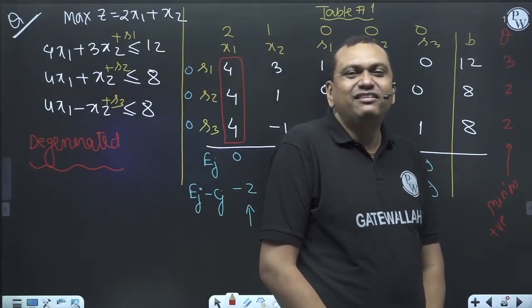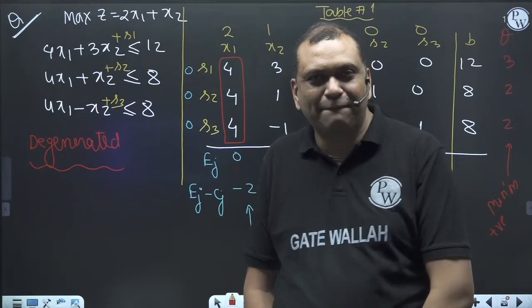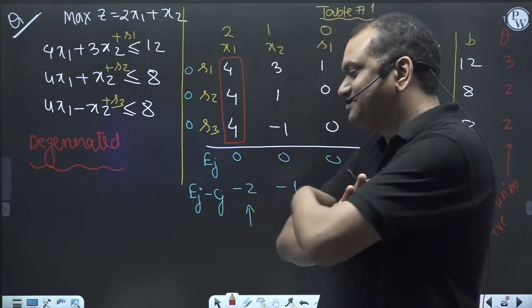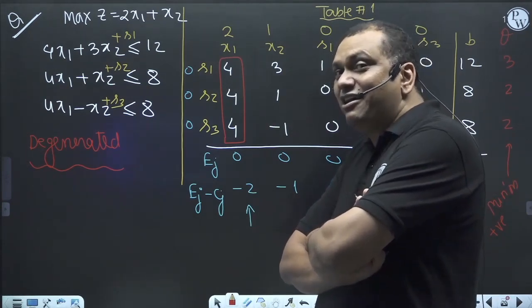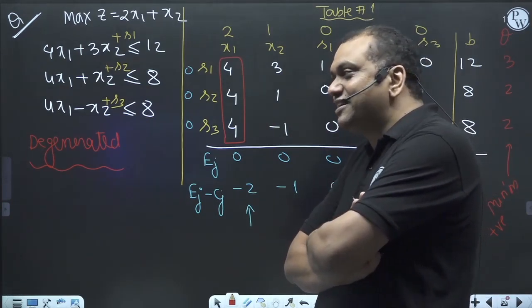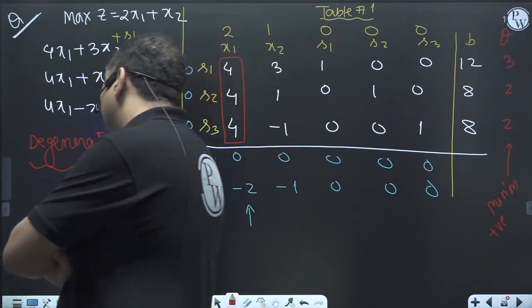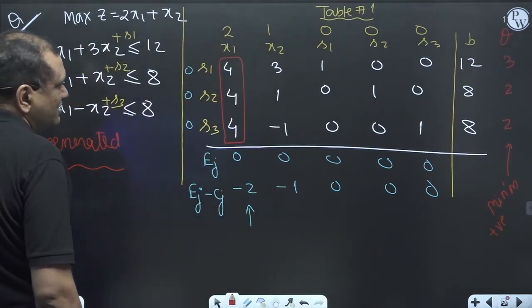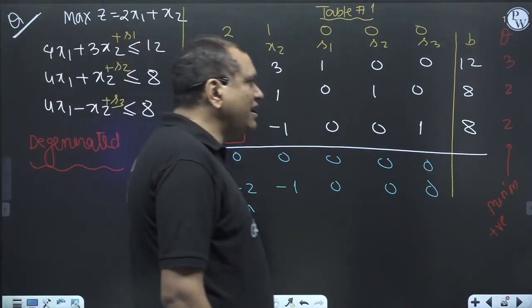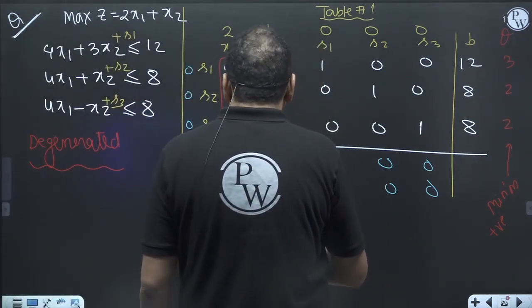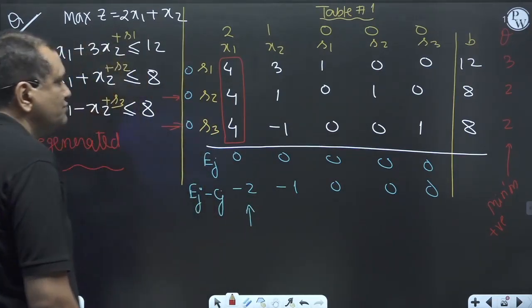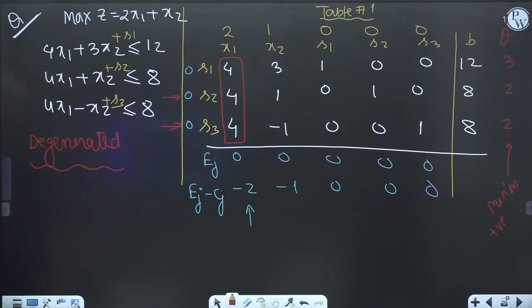It is called degeneracy in simplex. Correct or not? Degeneracy in simplex. Now, how to solve degenerate problems? If the problem is degenerate, my tie is between the second row and the third row.